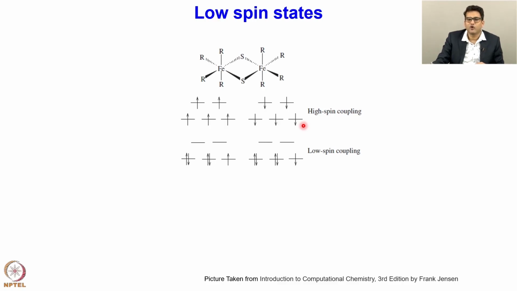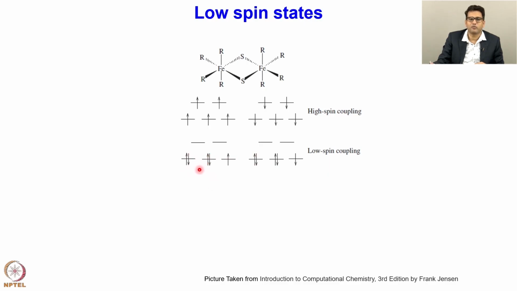But there can also be cases where two of the electrons in each of the irons are paired up. In this case also, when we couple, it will also lead to a singlet state, but this we call a low spin singlet. Now, the problem is that here you see in the first two orbitals the electrons are coupled.